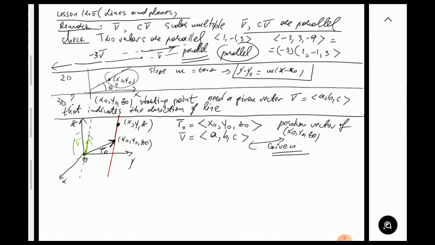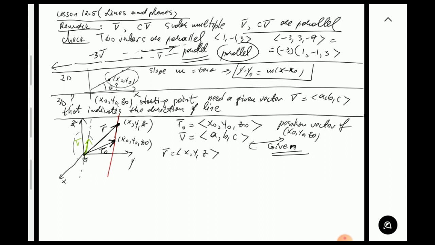Keep in mind these are the given elements, as you will see with an example in a minute. All right, so let's denote by r bar the vector that points to this generic point, the vector with components x, y, z.